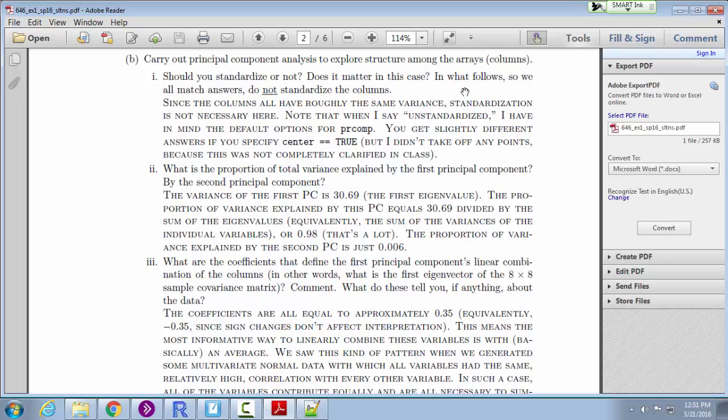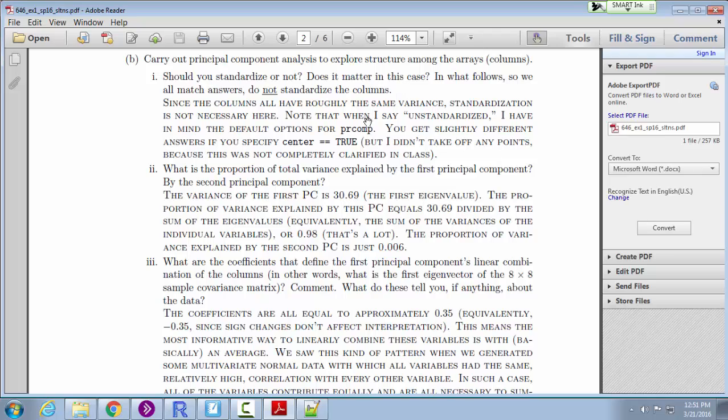If we did, we would definitely want to standardize, or all we're going to get out of PCA is evidence that one variable is super variable compared to the other ones. It didn't need any fancy matrix result to learn that about the data. So that's not what I want to do with PCA.